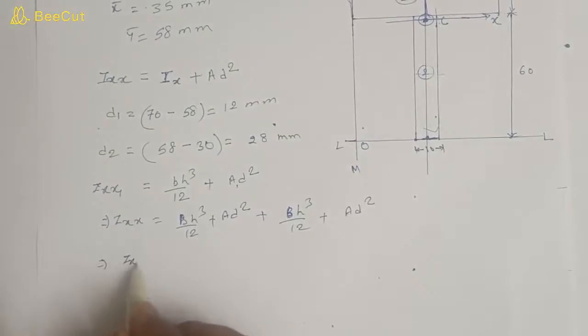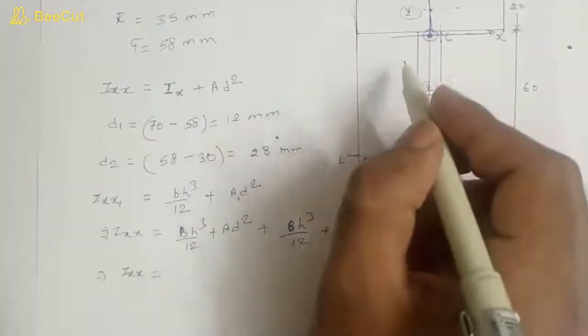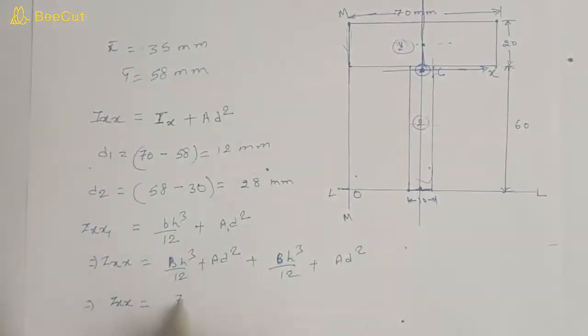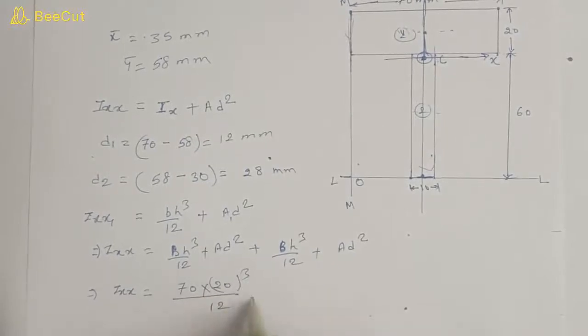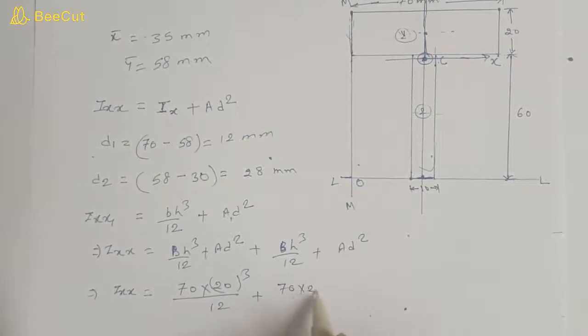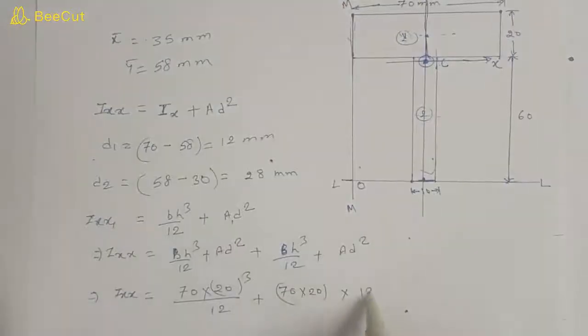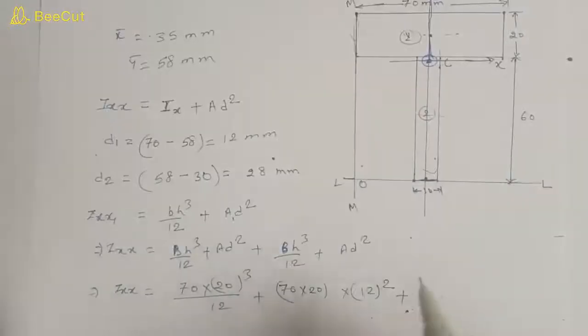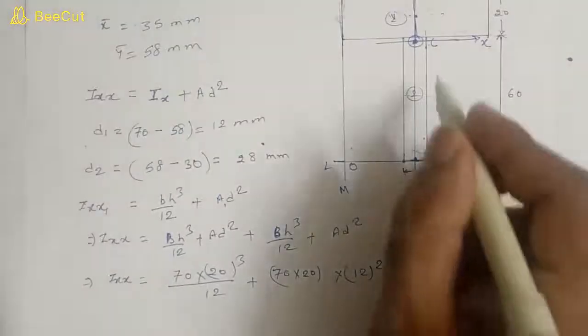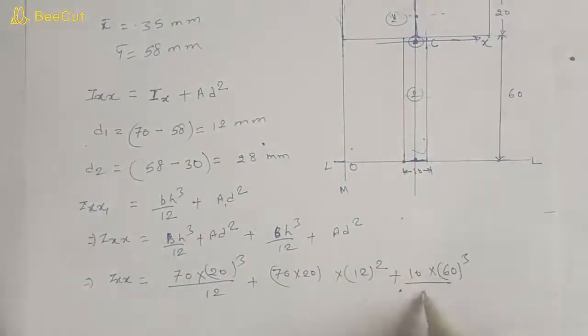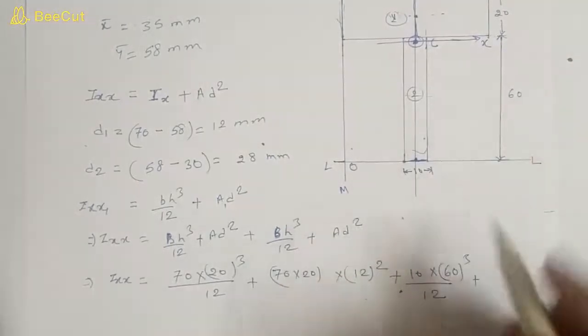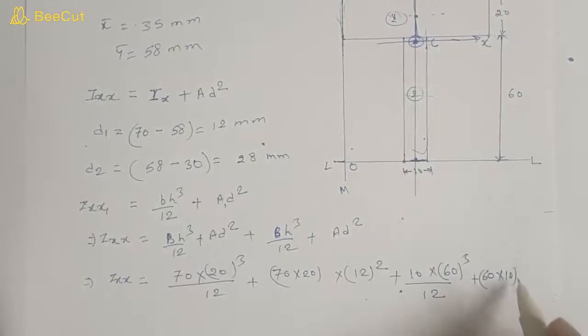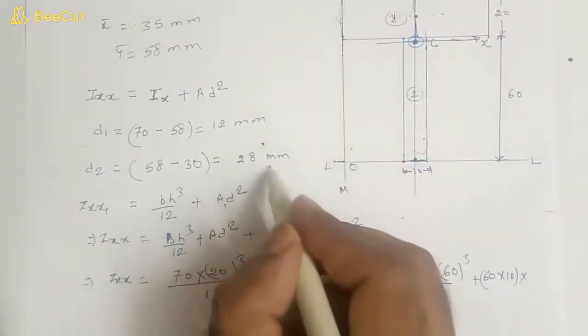So Ix: for this section b is 70 mm, so 70 into 20 cubed divided by 12 plus area 70 into 20 into d, 12 squared, plus for this section b is 10 into h is 60 cubed divided by 12 plus area 60 into 10 into d, 28 squared.